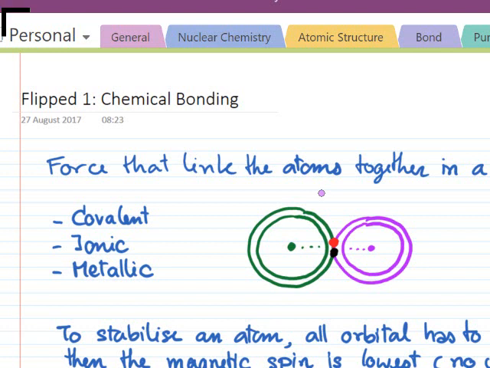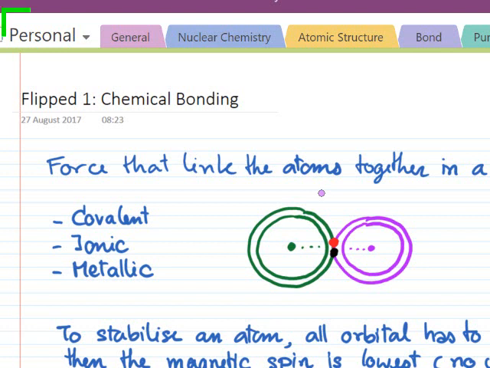In order to stabilize the energy of the atom, all the electrons in all the orbitals have to be fulfilled in order to reduce the magnetic potential energy. So the summation of the spin of electrons has to be lowest. That means there have to be no unpaired electrons left in the system. This is why atoms link together.